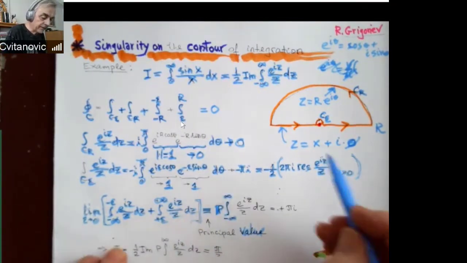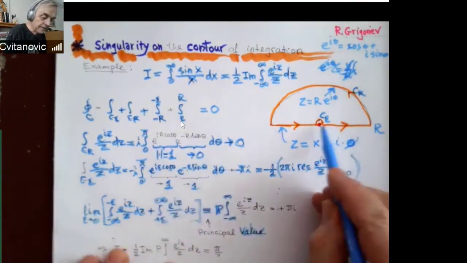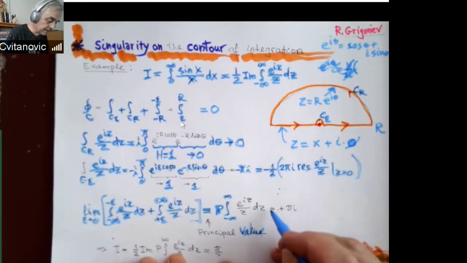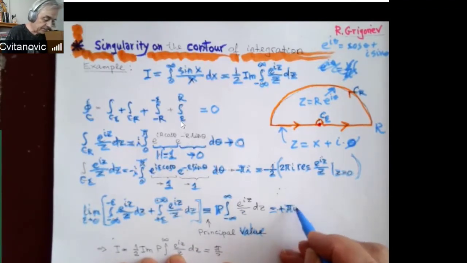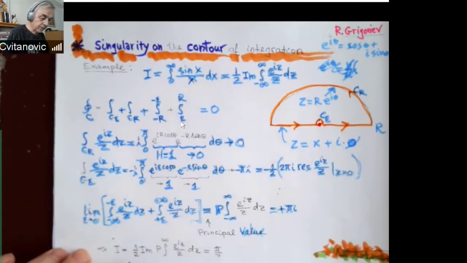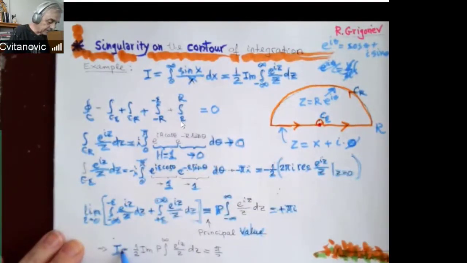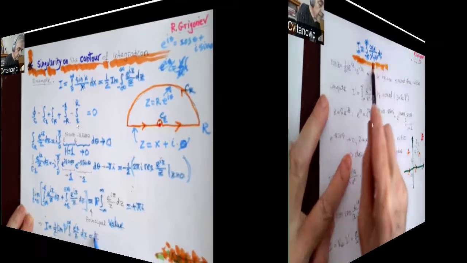But now we have a result that the sum of all these guys should add up to 0. And going back to the original definition, the integral, which was 1/2 imaginary part principal value of e^(iz)/z dz, is pi over 2.